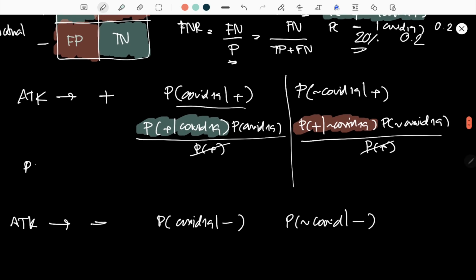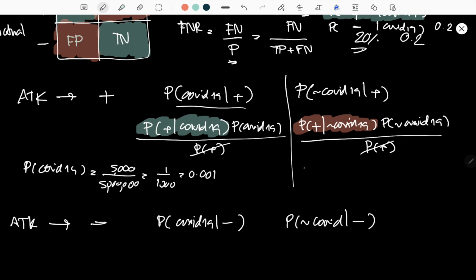So for the probability of COVID-19, I would like to make it like 5,000 by 5 million, for example, for some current cases. Okay, so it is 1 by 1,000, that is 0.001.